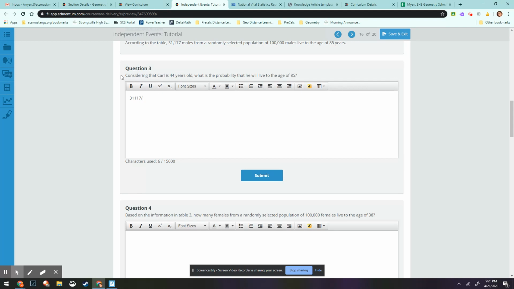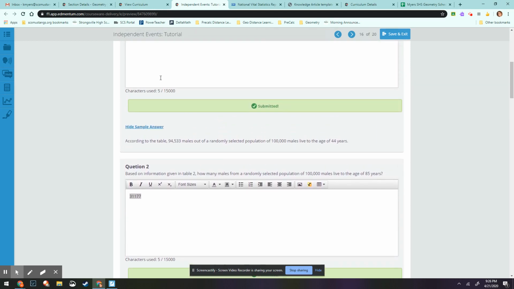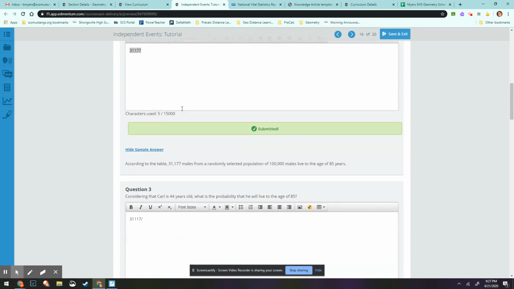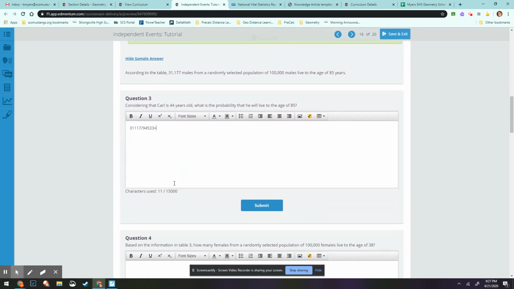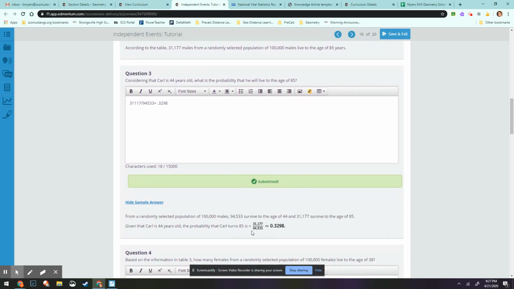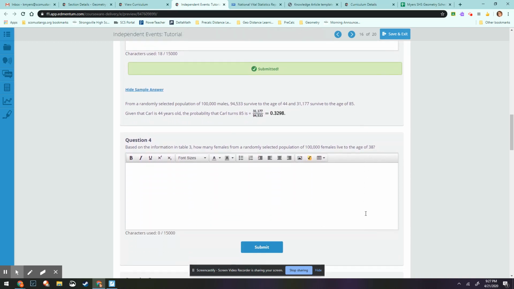But here, given that he's already 44, I want to divide by the number of people who live to 44, which is 94,533. So again, this is a nice problem to put in your calculator. You get 0.3298 for the probability. Because we know he's already 44, we know he's part of that 94,533.